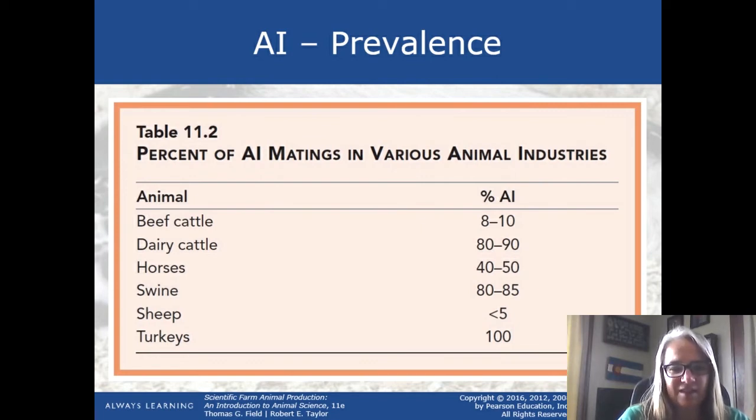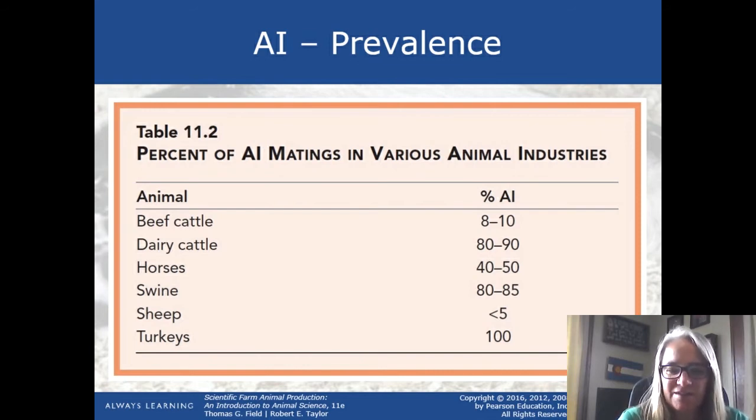And then we see that slightly higher in beef cattle. It would be interesting to see how recent this statistic is. I have a hunch that percentage for beef cattle has actually gone up in recent years as we have more and more technicians and the technology is more readily available. When you look at the line item there for horses, that one's really kind of interesting.